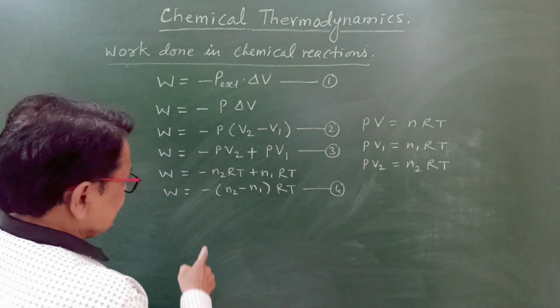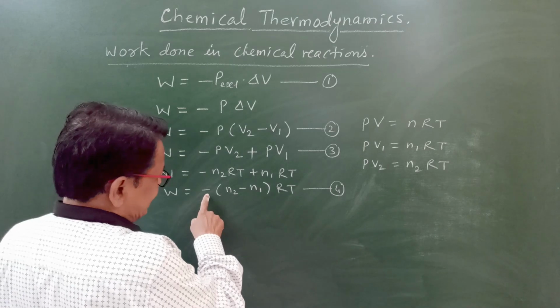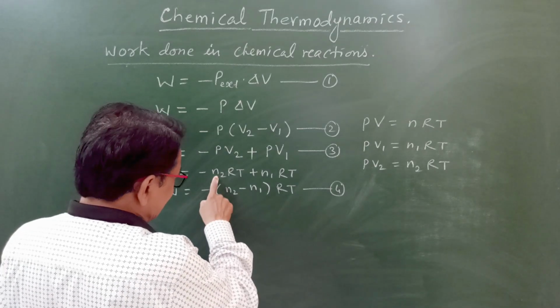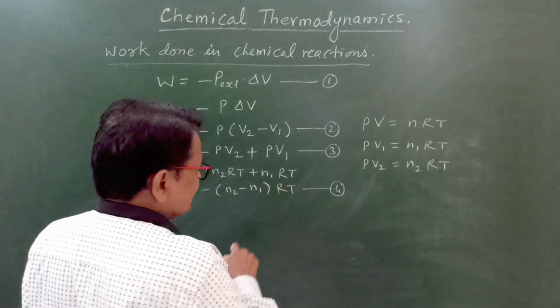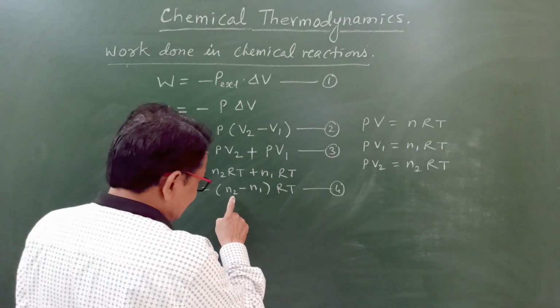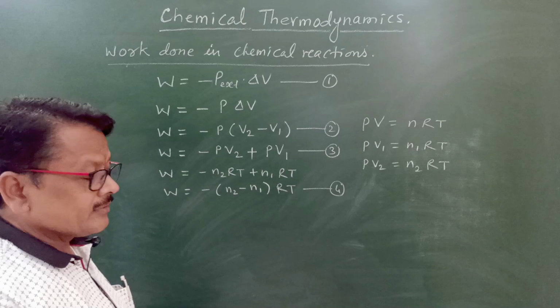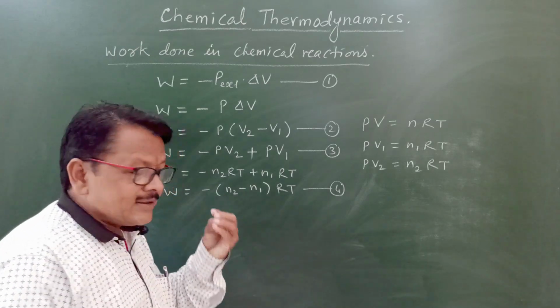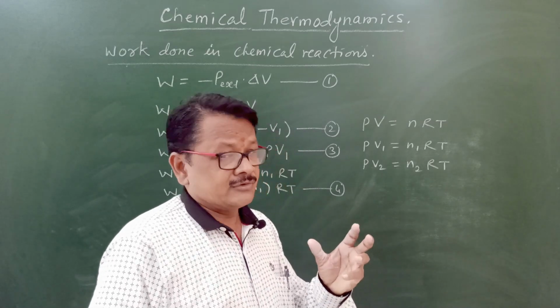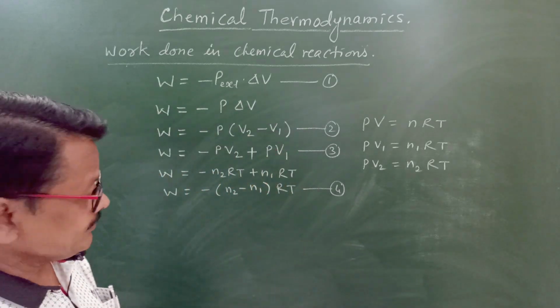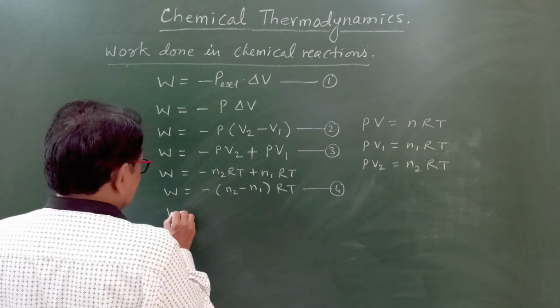You see here, if you multiply this minus sign to the whole bracket, you will get minus N2RT, and minus minus plus N1RT. So therefore we have written here N2 minus N1. So what is this N2 minus N1? It is the difference, the change in number of moles between the two states, the final state and the initial state.